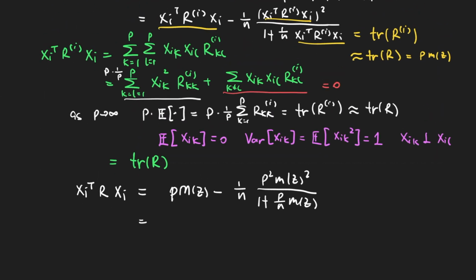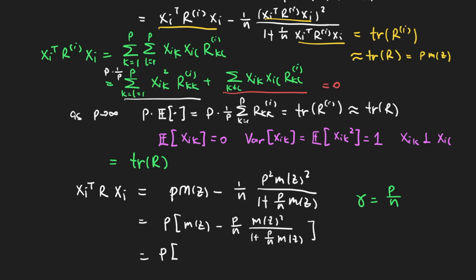So that equals p times m of z minus p over n m of z squared, over 1 plus p over n m of z. And recall that we defined gamma as the ratio between p and n, right? So you can replace that with gamma, and this just becomes p times m of z minus gamma m of z squared over 1 plus gamma m of z.